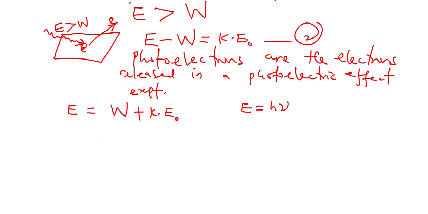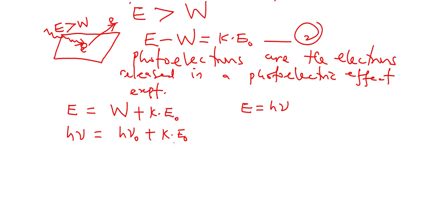So it means we can write this equation as h nu equals h nu naught plus the maximum kinetic energy of the photoelectron. So this KE is the maximum kinetic energy of the photoelectrons.